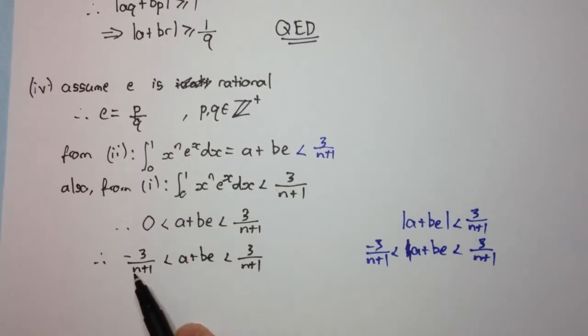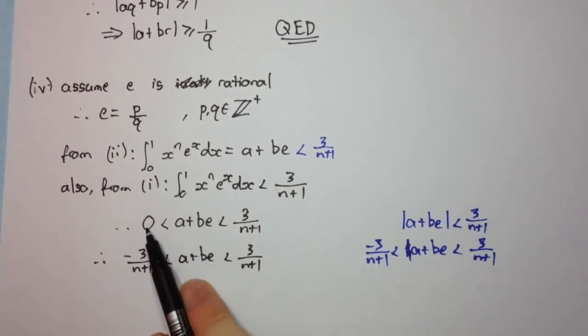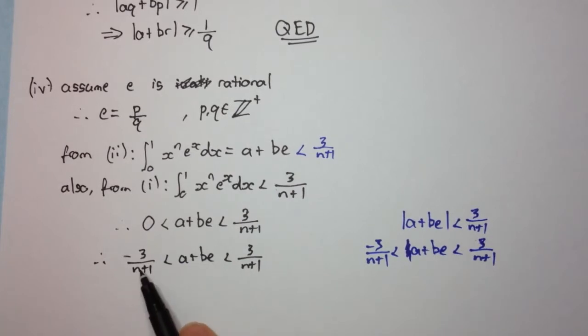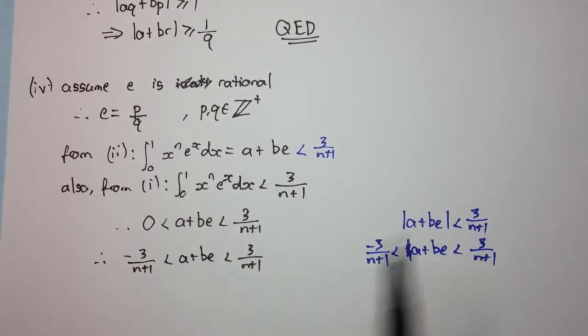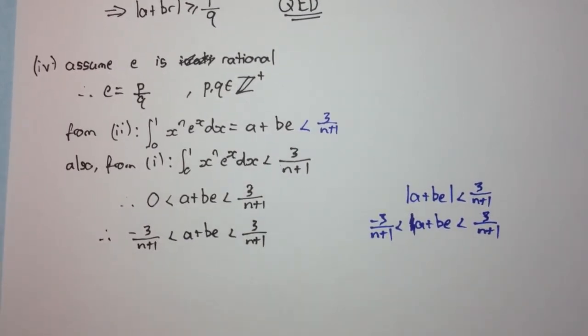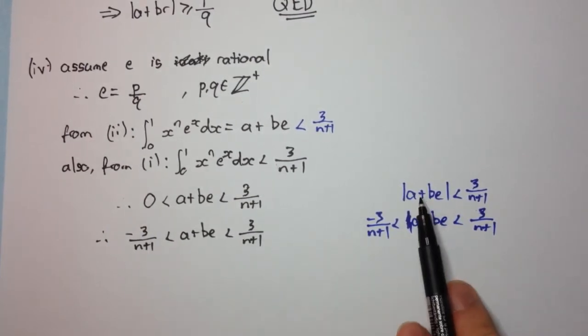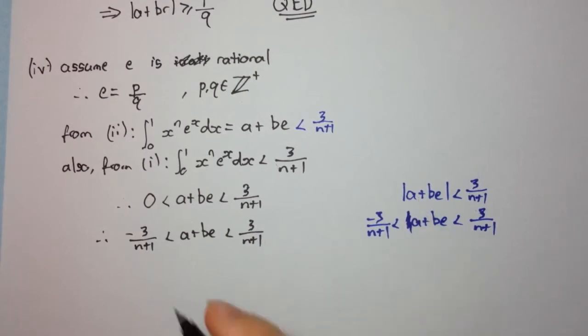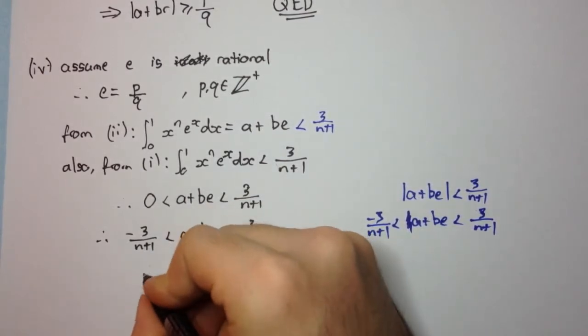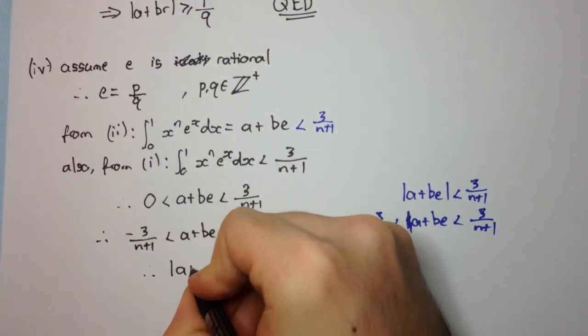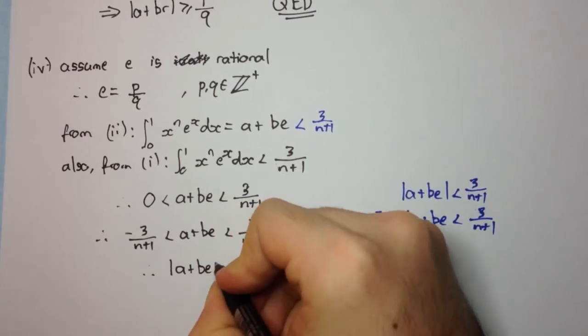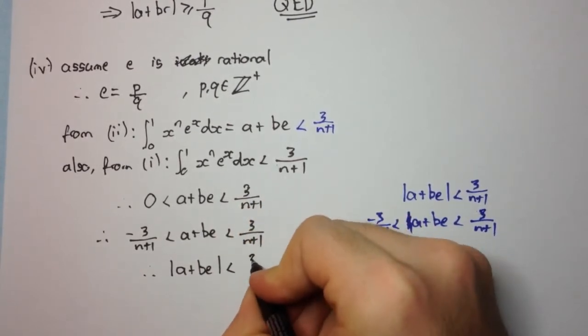This is something that we can be sure of. If this value here is greater than 0, then it's definitely greater than some negative value. Okay, so this is good. Now we can change this up and get it to be this absolute value that we want. So this here is the same thing as the absolute value of a plus b e being less than 3 over n plus 1.